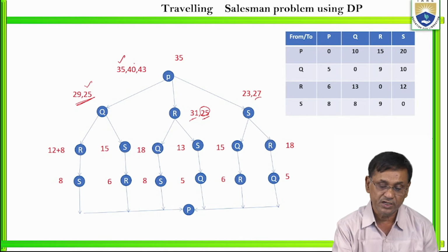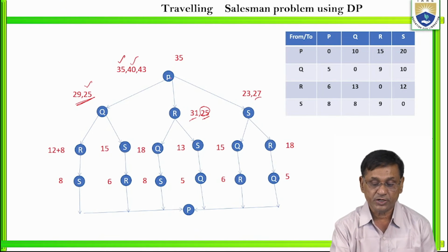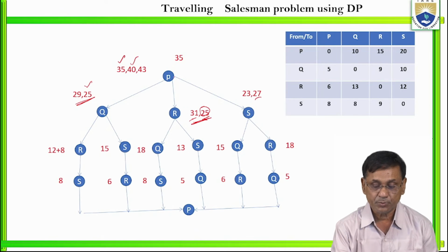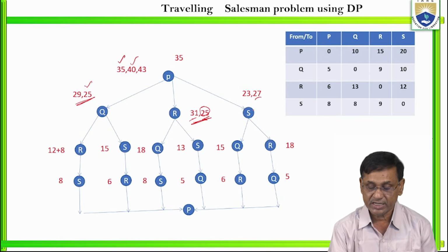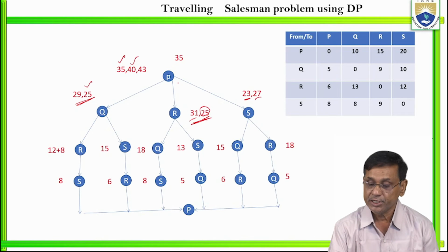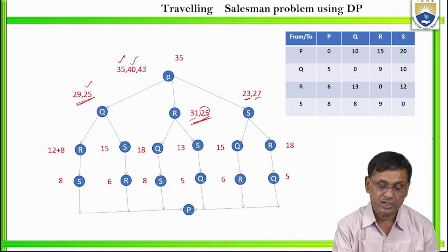So 25 plus 15 is 40. So corresponding to this, here we selected the minimum cost. Again here, suppose the salesman goes from P to S, S to Q, Q to R, R to P, the cost is 23. But P to S is 20, the total cost is 43.